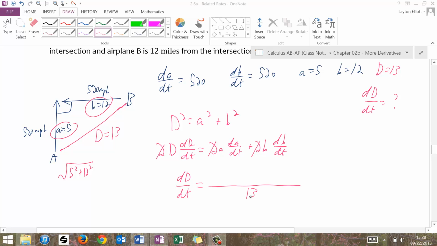A was 5 times 520. B is 12 times 520. That's actually equal to 17 times 520 over 13. 13 divided into 520 is 40, so that's 17 times 40, which is 680 miles per hour.